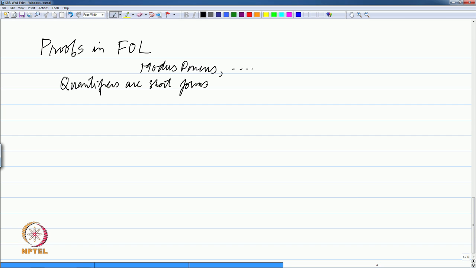So, if I were to make a statement like for all x P(x), where P is some formula or predicate, then I am essentially making a statement which is logically equivalent to saying P(A), where A is some constant in my domain or some element of my domain, and P(B), where B is another element of my domain, and P(C) and so on for every element.